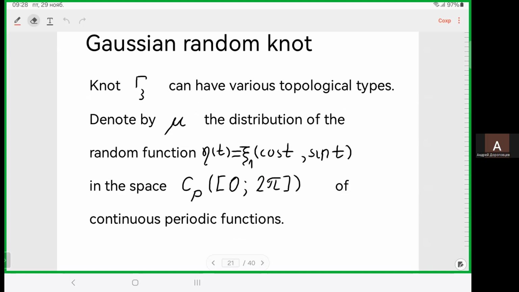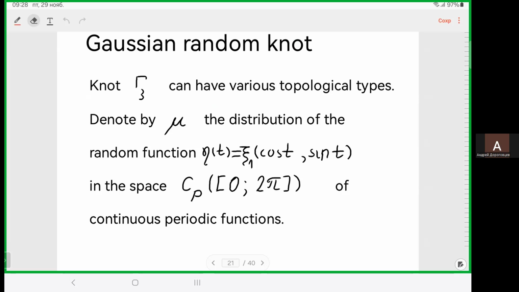Now, what about topological type? The knot gamma can have various topological types. What do I mean? You know that there are different knots which are non-homotopic, so they cannot be transformed one into another without cutting in some place.